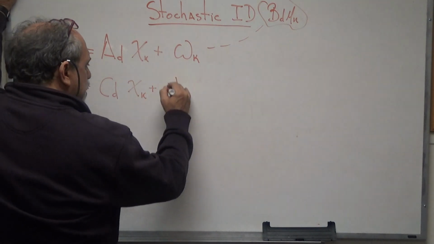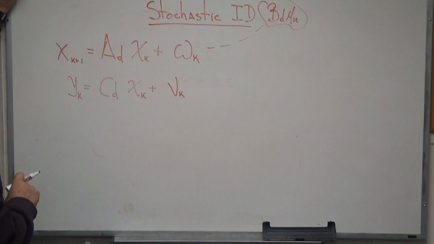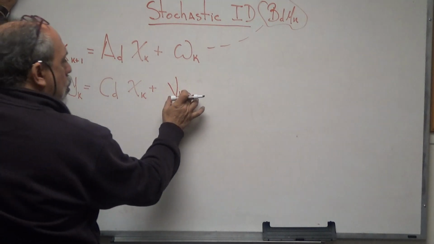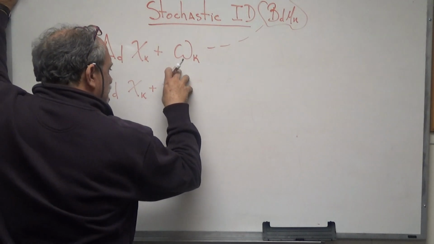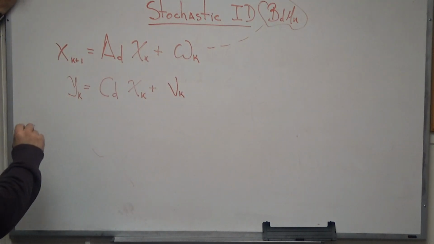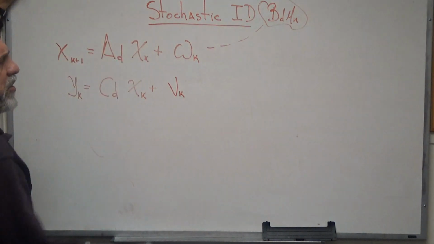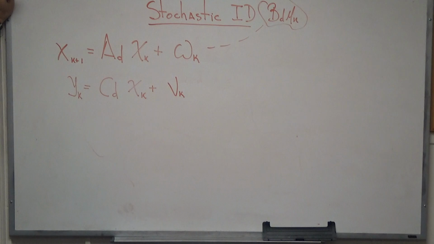This could be purely noise, that is, what we're measuring is not exactly the state times C_d, or it could be noise plus the effect of some D that was there. We don't know. But the point is that we assume that equations 1 and 2 are the ones that generate the data that we are observing. The output data is assumed to come from a system like that.